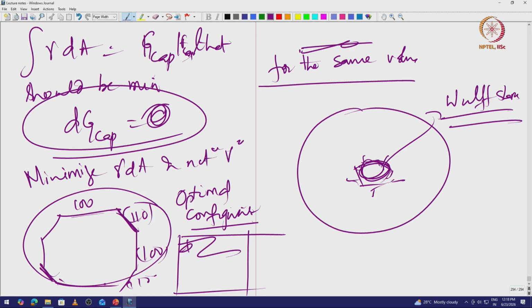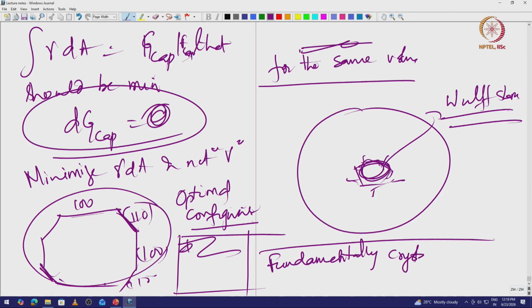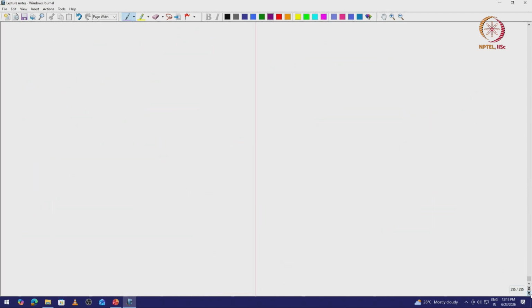All crystals have well defined shapes because their gammas, or surface energies, are anisotropic.